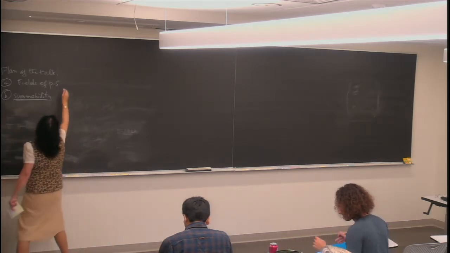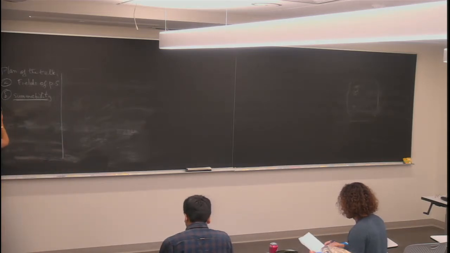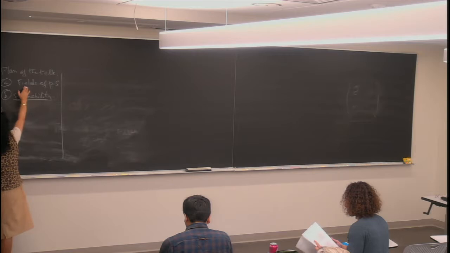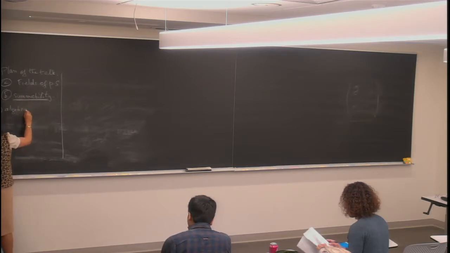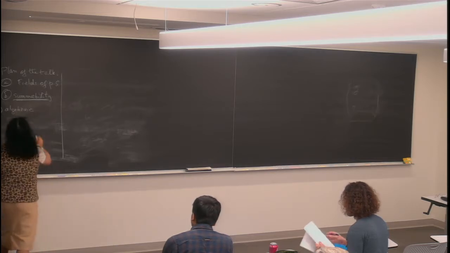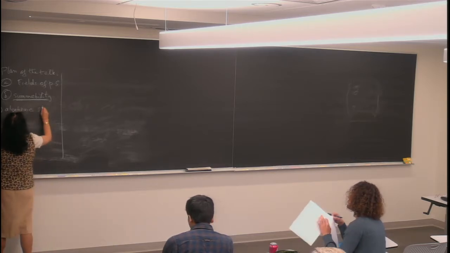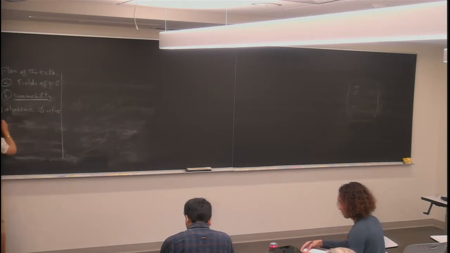Well, first of all, where it comes in: introducing the algebraic structure on these fields of generalized power series, and then very quickly, without dwelling on it too much, I will talk about the analytic structure.